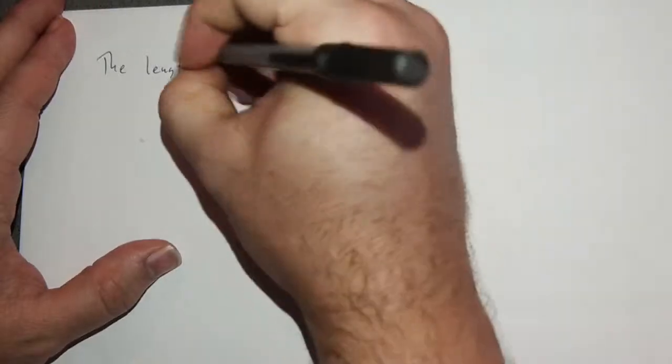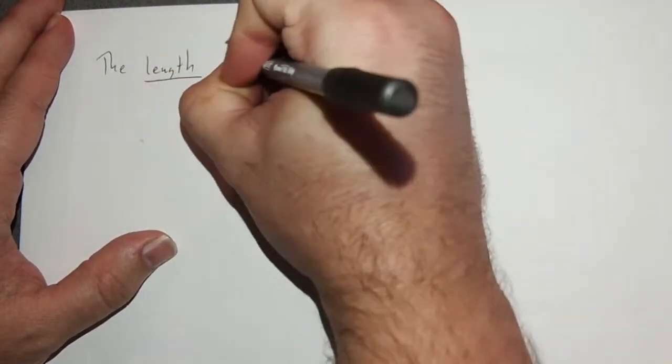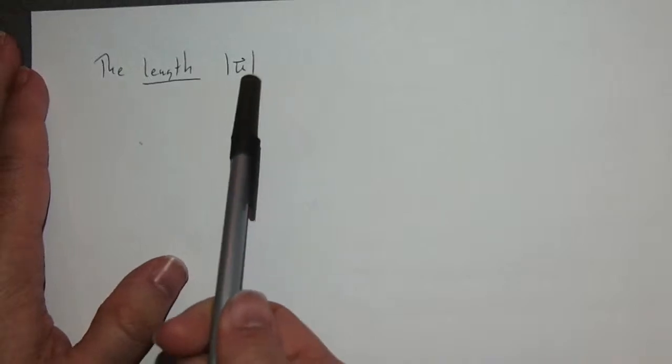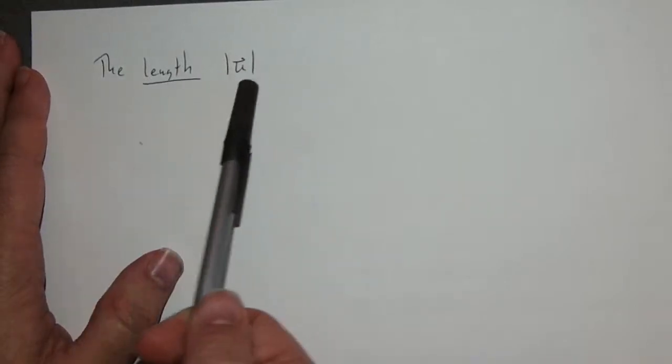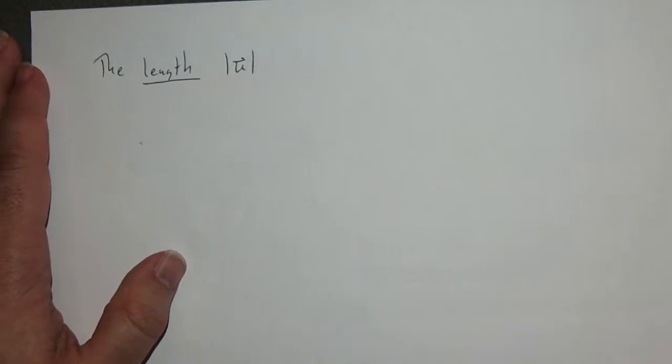The length will be written using absolute value bars of the vector, so we don't have these norm double bars floating around everywhere. If you want to use the typical norm bars, that's fine too. It's not confusing because the context will be obvious when you're putting these absolute value signs on a vector. We'll know what you're talking about.